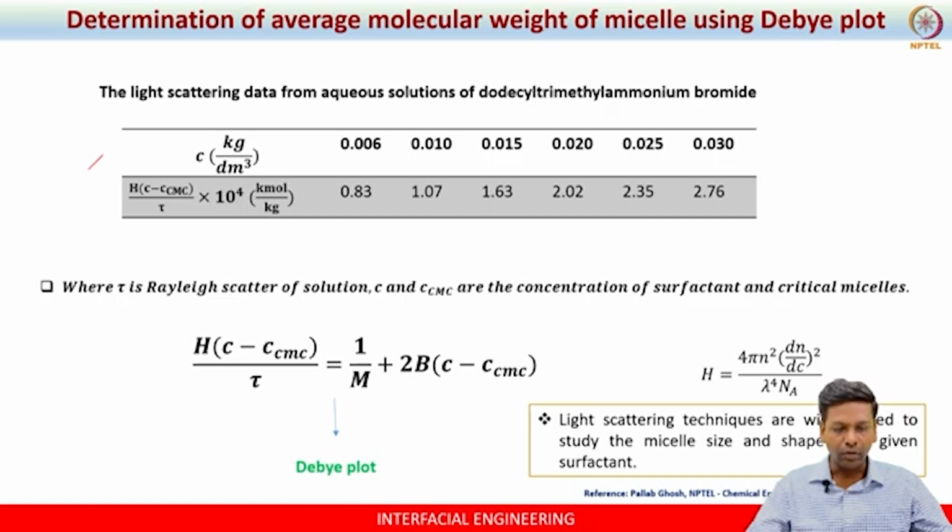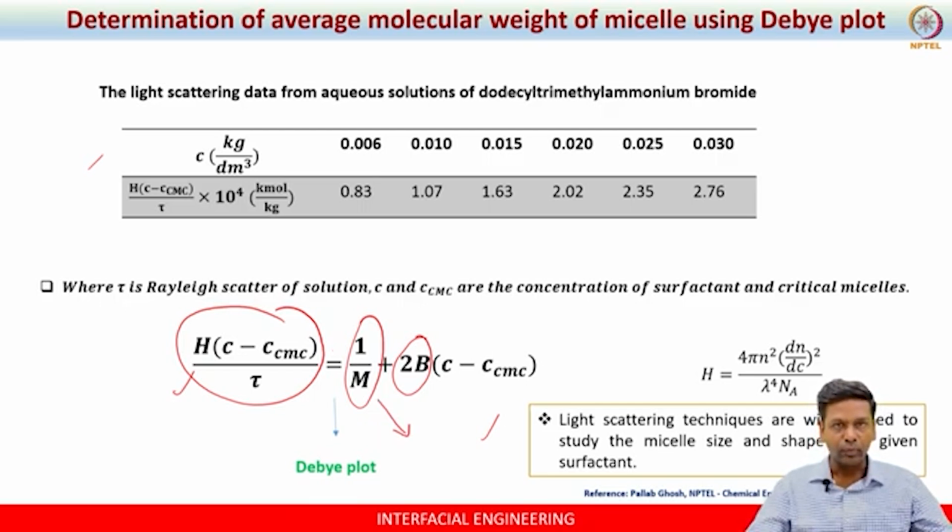When you use this Debye plot and plot the concentration on the x-axis and this whole parameter on the y-axis, you would get a straight line, and the slope of that will be the second virial coefficient, which is 2B in this case, and the intercept will be 1 by M. So M is the molecular weight, right?